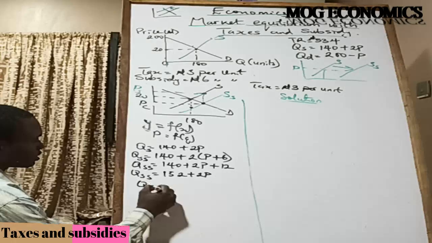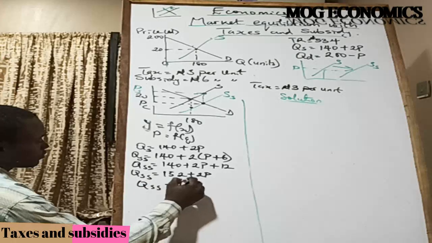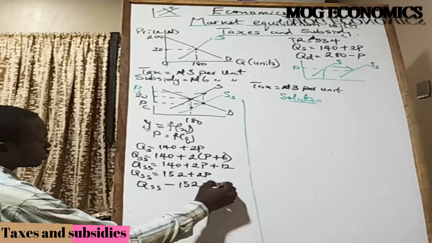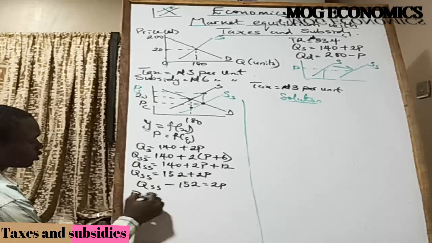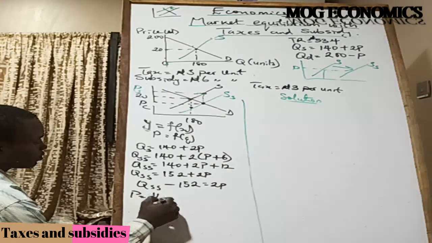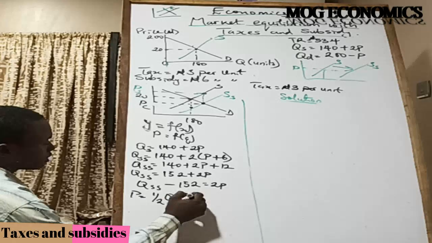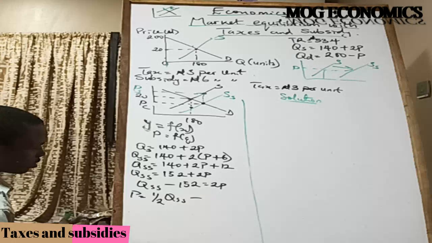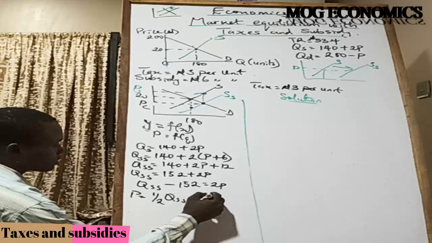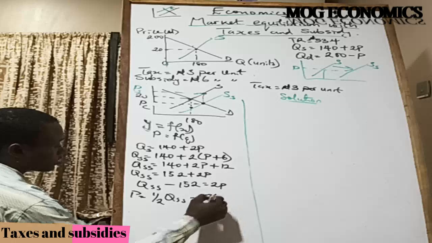So QSS minus 152 equals 2P. So then P will be equal to half of QSS, is it minus or plus? Okay, minus 2 in 150, 75. So 76. Yeah, 76.